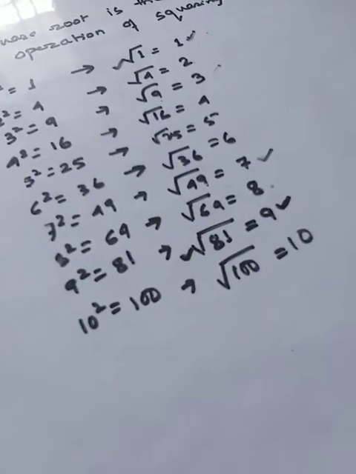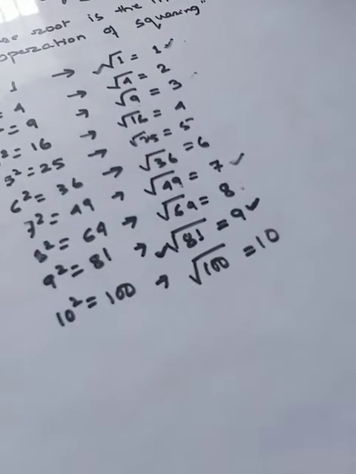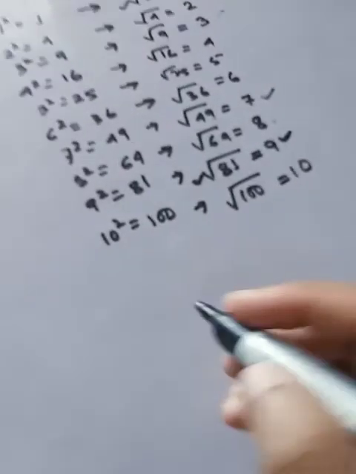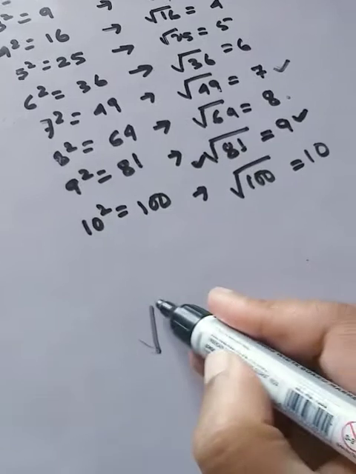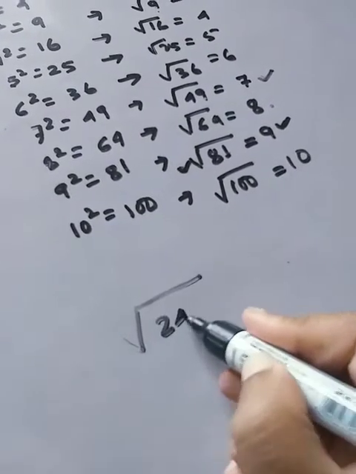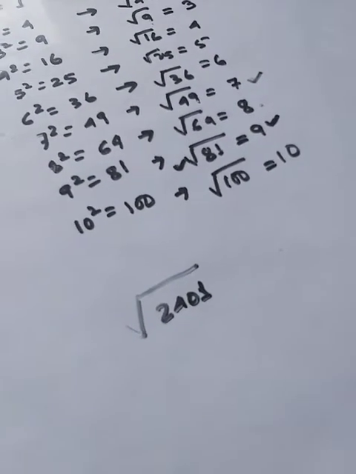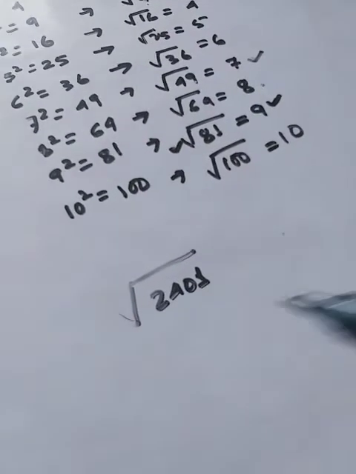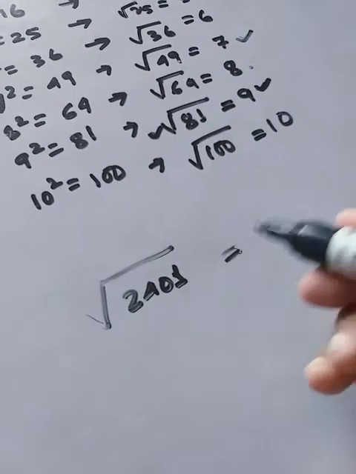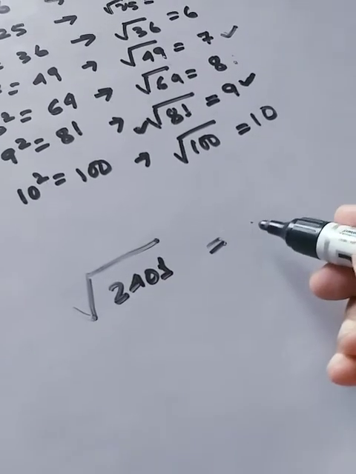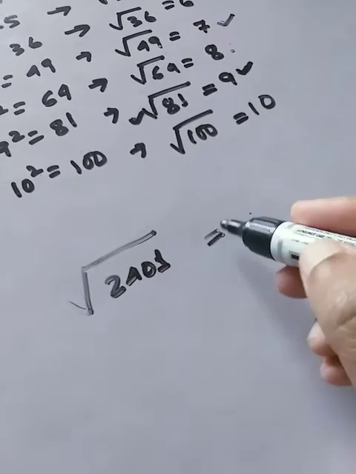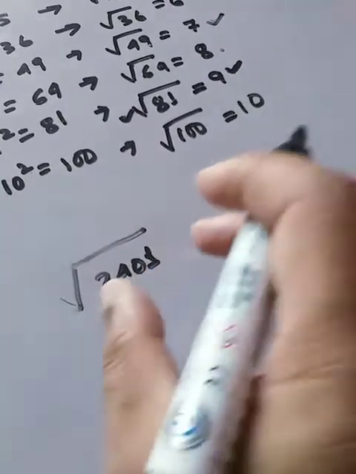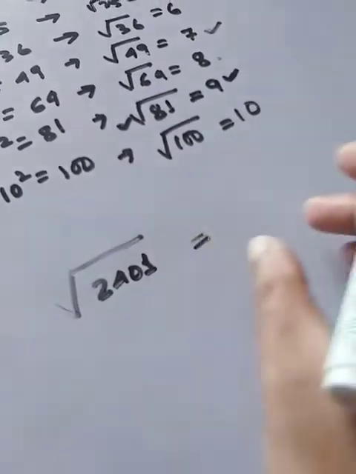Okay, so let's see some more good examples. Now suppose I ask you a question, what could be the possible one digit of the square root of this particular number? One digit, okay, that is a unit digit. So what will be the square root of 2401?